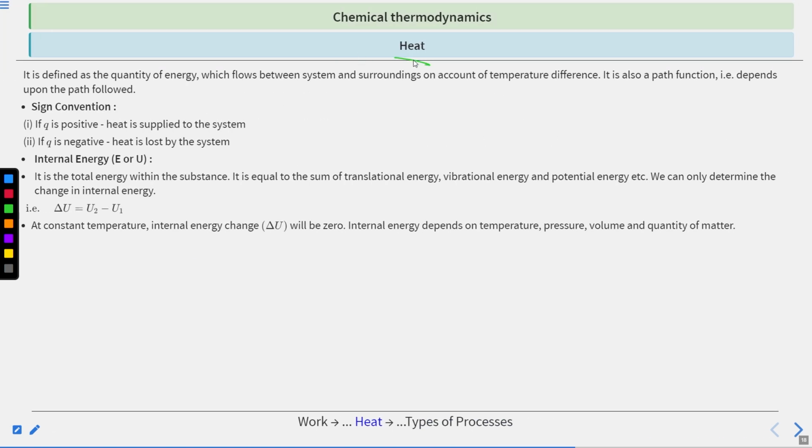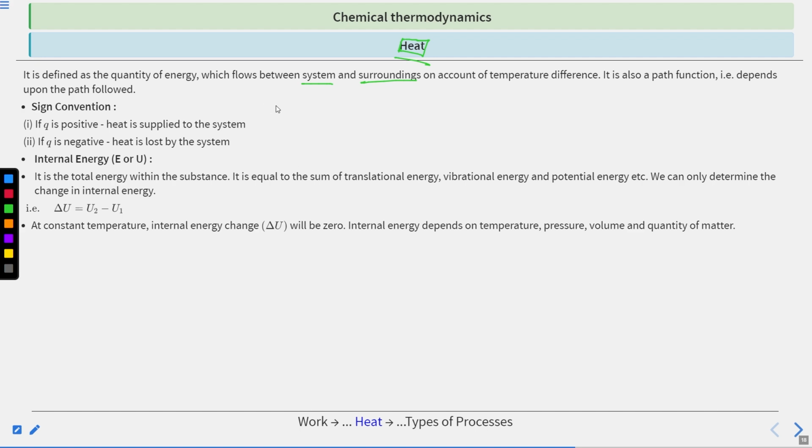So now we will study heat. What is heat? It is defined as the quantity of energy which flows between system and surroundings on account of temperature difference, right? When a temperature difference exists, heat will flow.